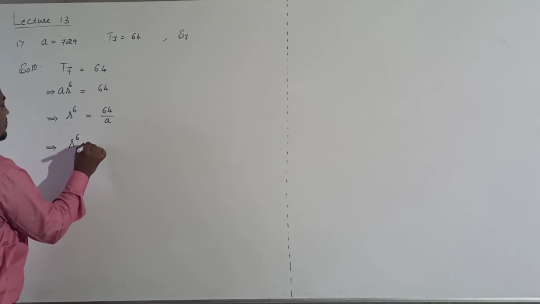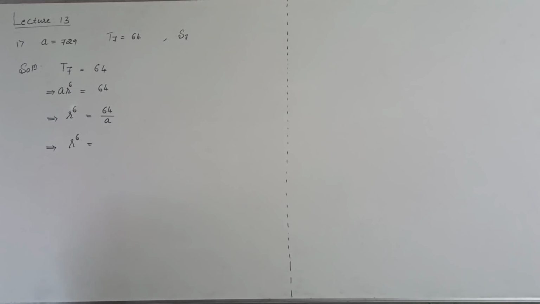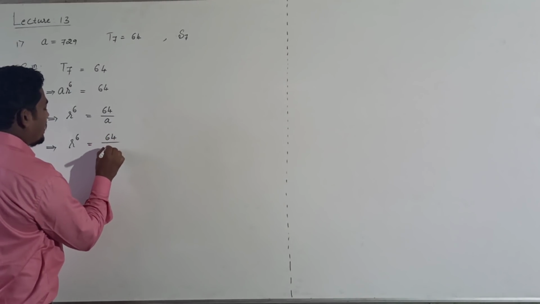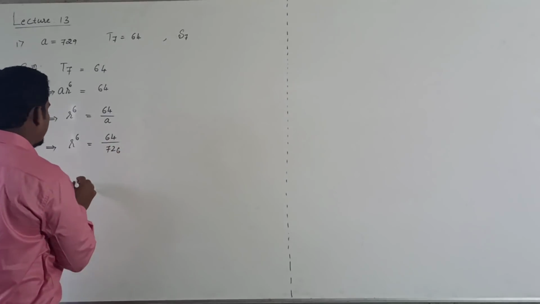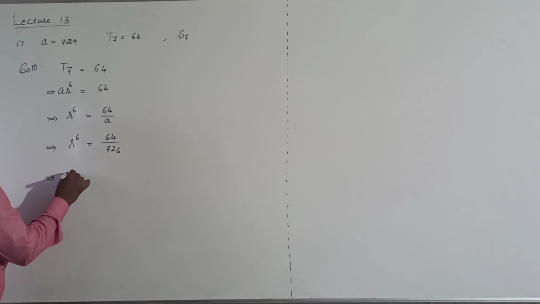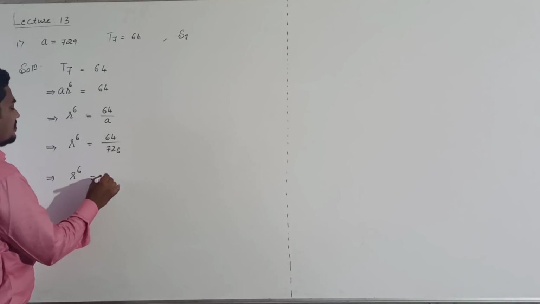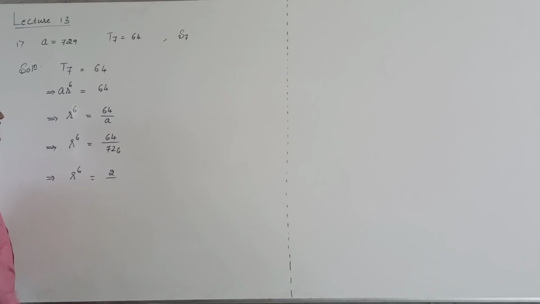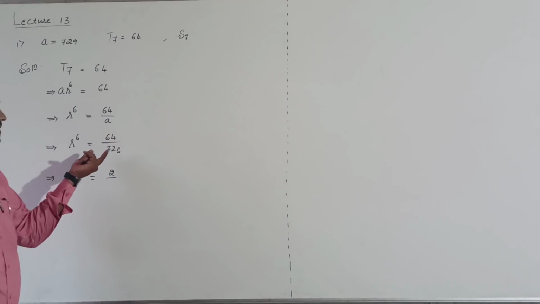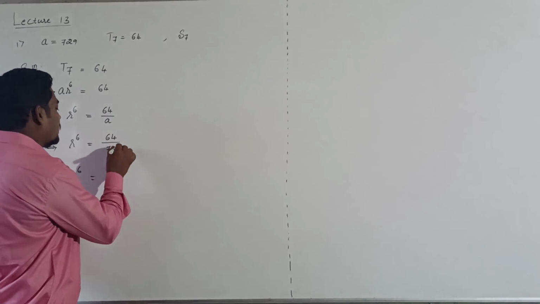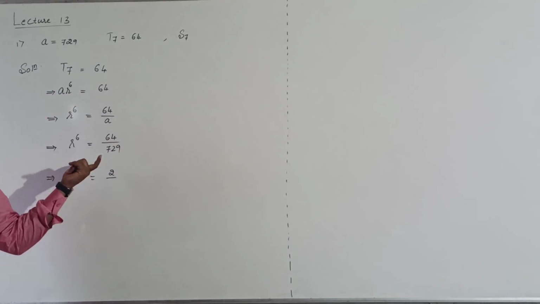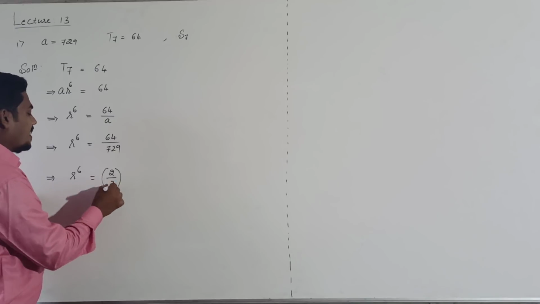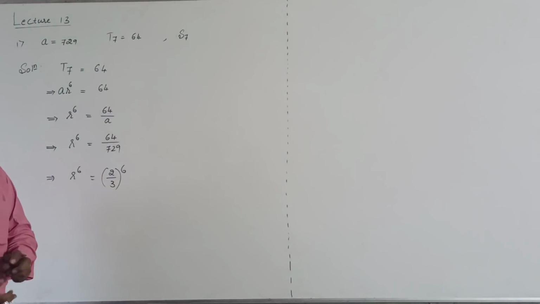R power 6 equal to, already a value is given, that is 64 divided by 729, implies r power 6 equal to, I will write 64 as 2 power 6 and 729 in terms of power of 3, that is 2 divided by 3 whole thing power 6.